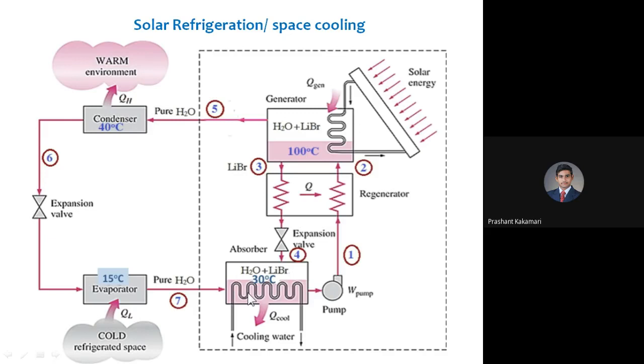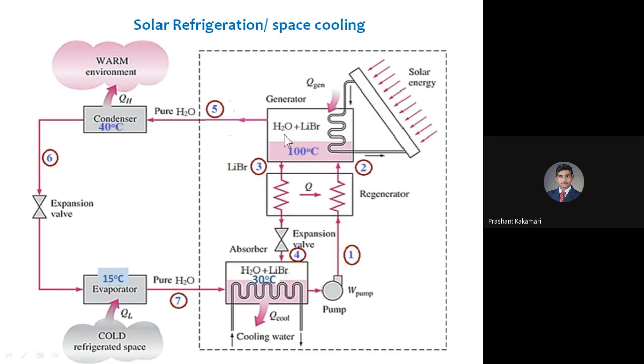In this absorber unit, we have an absorber like a heat exchanger, then a pump to pump the absorbed liquid, the mixture of the liquid, to the regenerator and the generator. From the generator, we separate the water and lithium bromide.